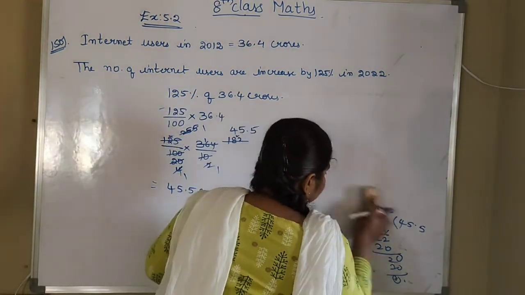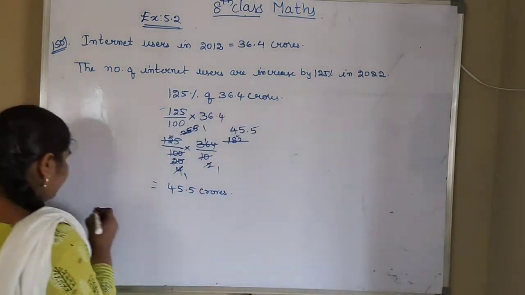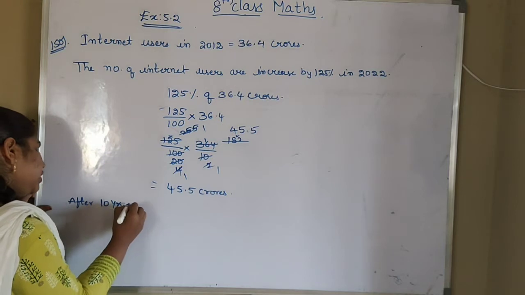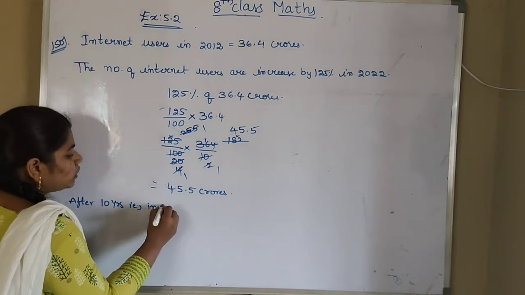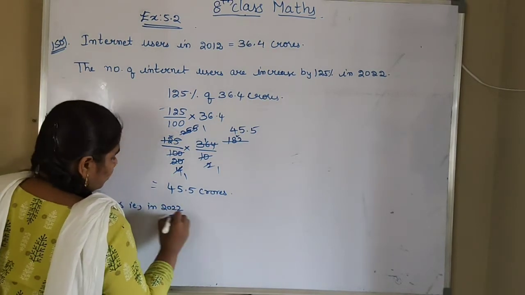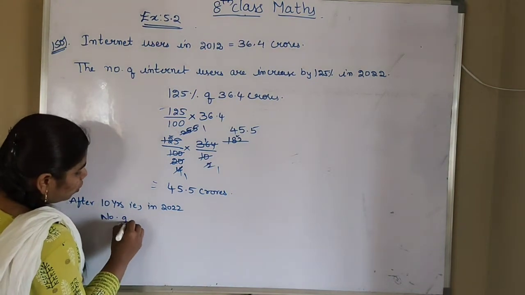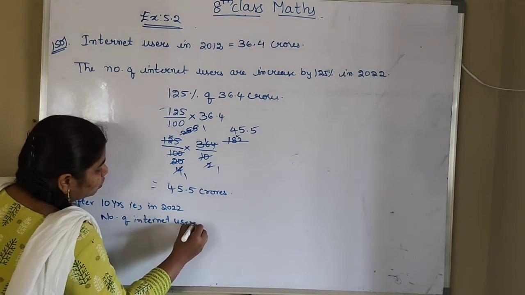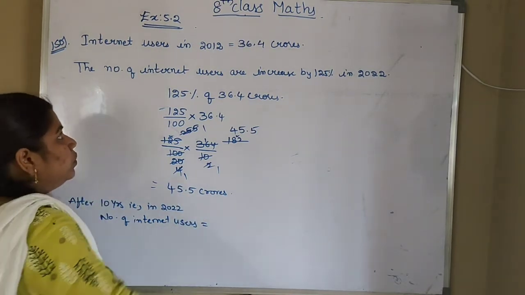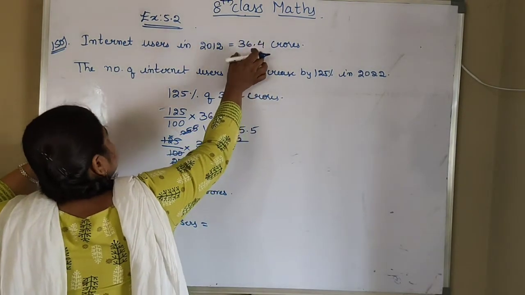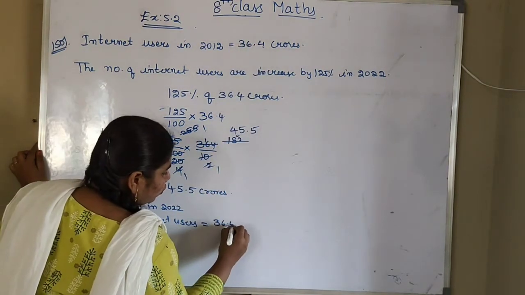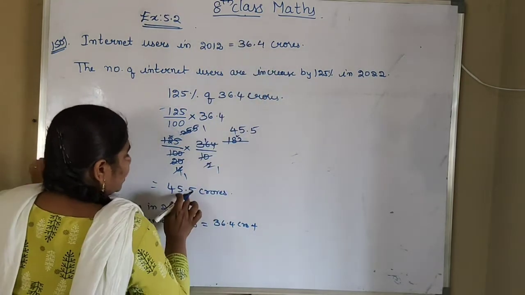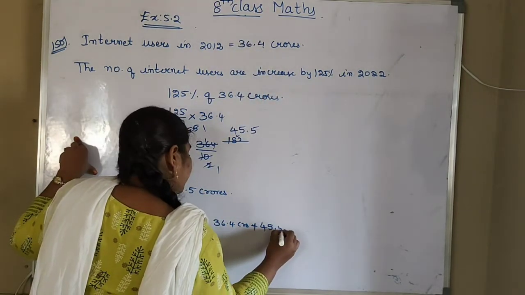After 10 years, that is in 2022, the number of internet users is equal to the number before 10 years, that is 36.4 crores, and 125% of this is how much? 45.5 crores.